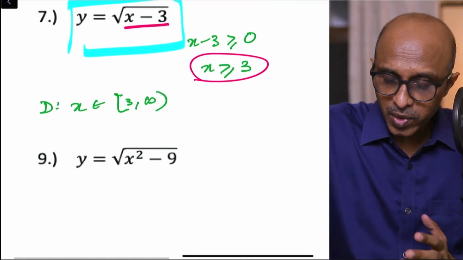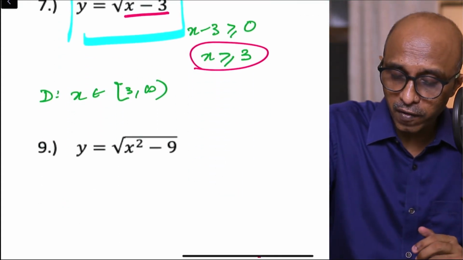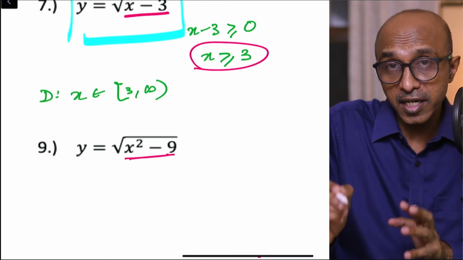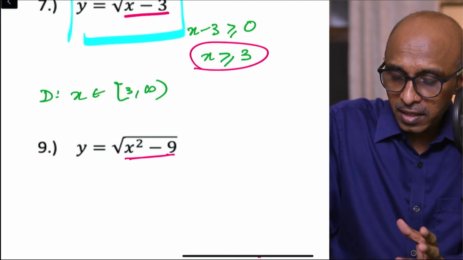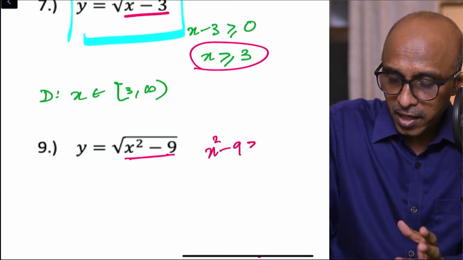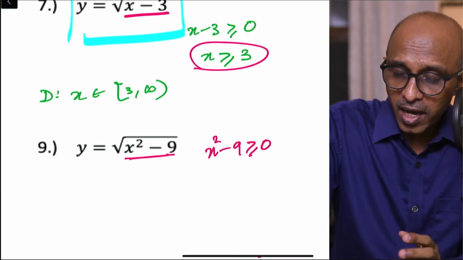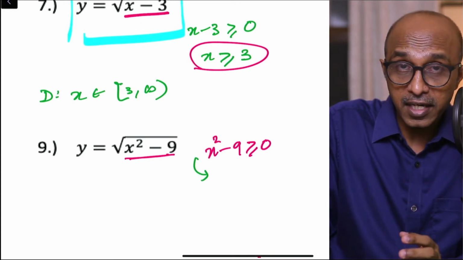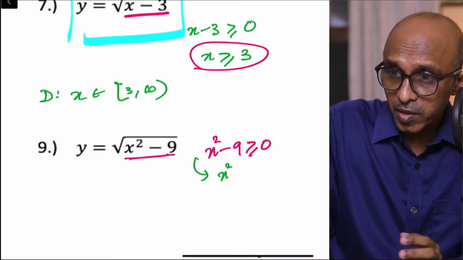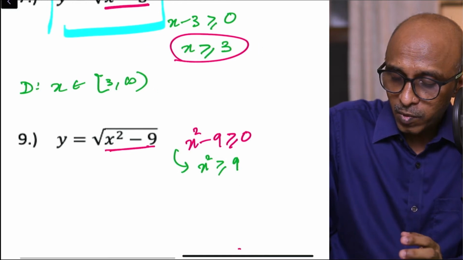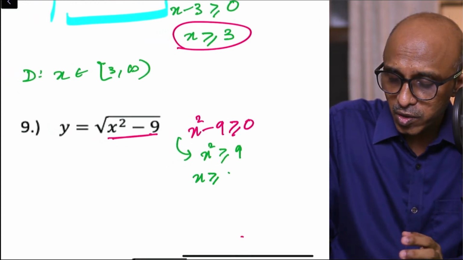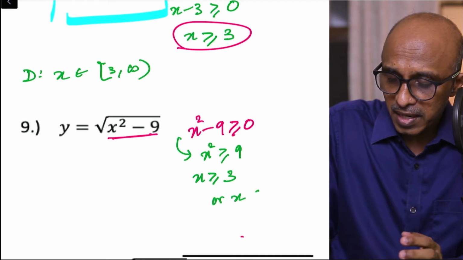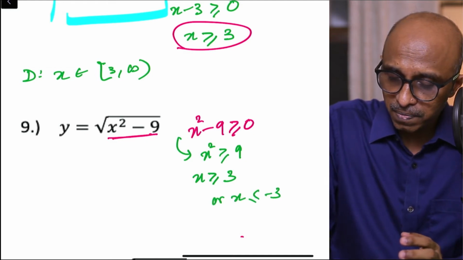The second example is when the function is defined as the square root, where the term inside the radical is x squared minus 9. So we set that term x squared minus 9 as non-negative, which means greater than or equal to 0. And when we solve that inequality, we get x squared must be greater than or equal to 9, which upon further simplification gives x must be greater than or equal to 3, or x must be less than or equal to -3.